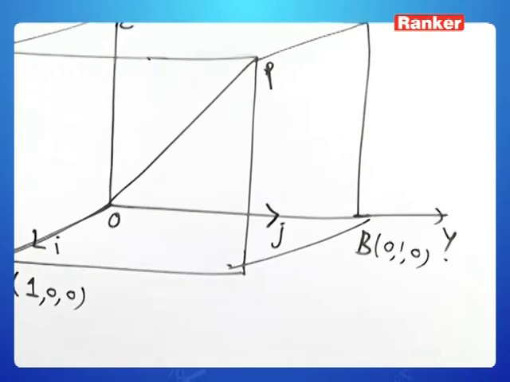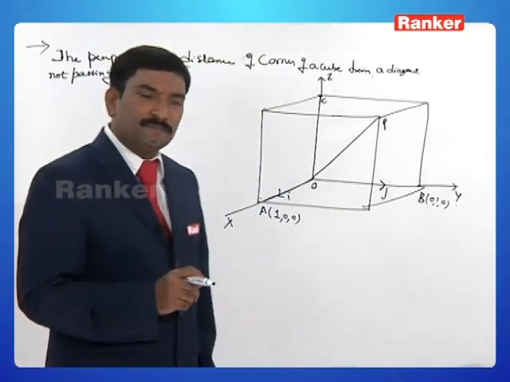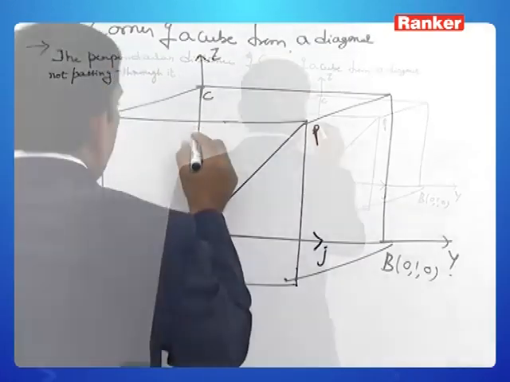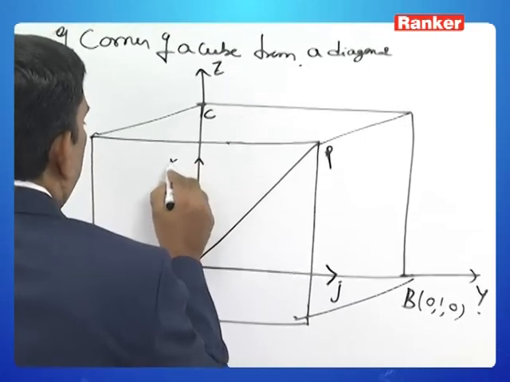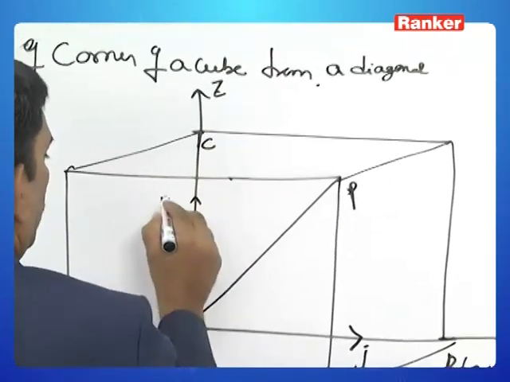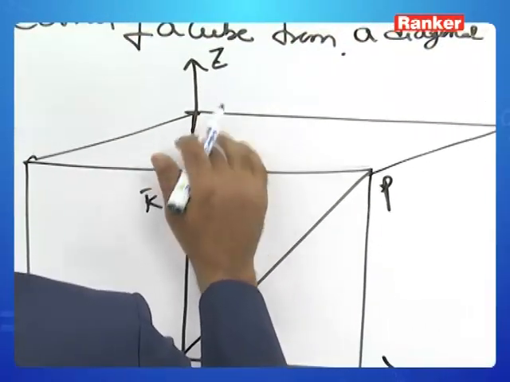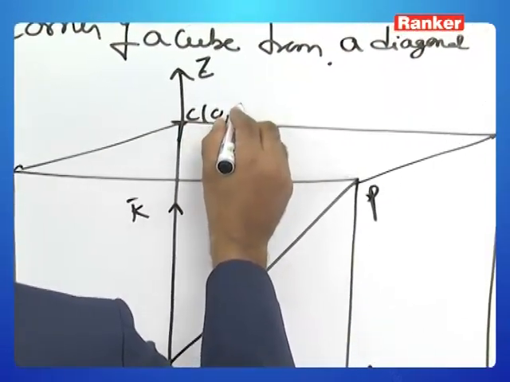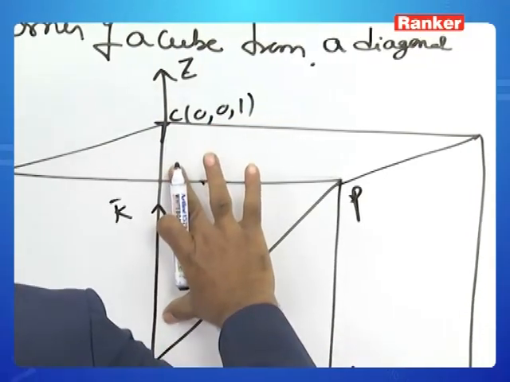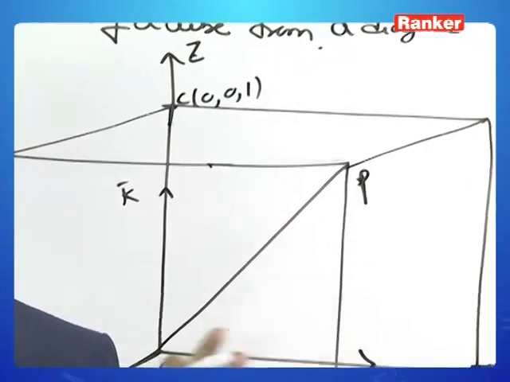Followed? Next, this is K, so I can write this one as C, this C as 0, 0, 1. The length of this side is 1, this also 1, this also 1.